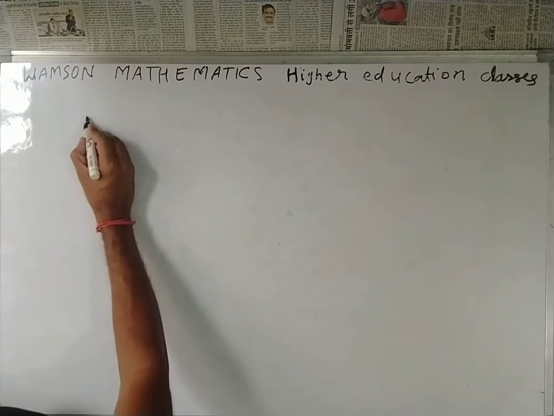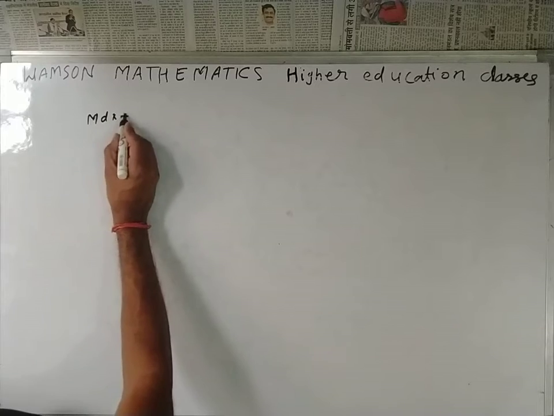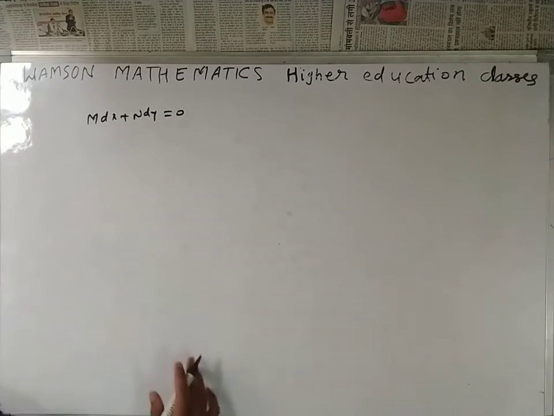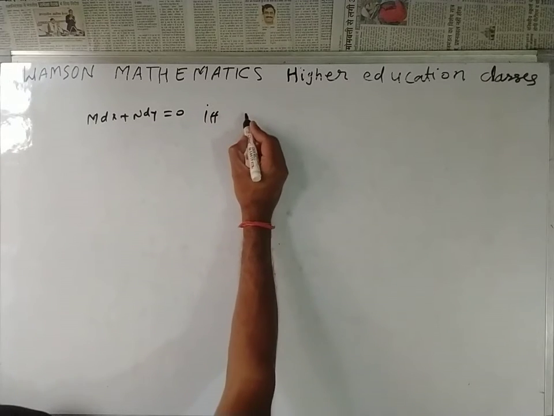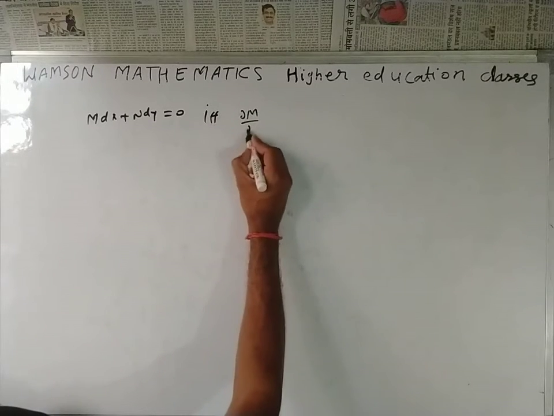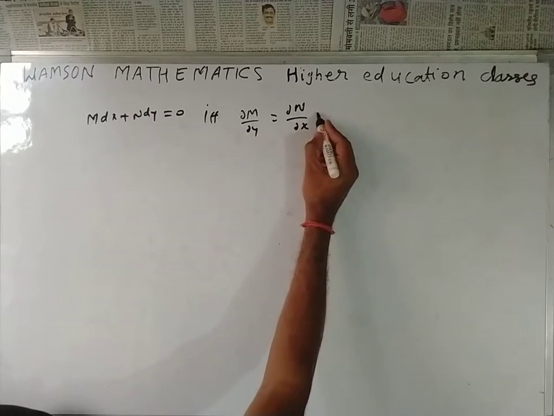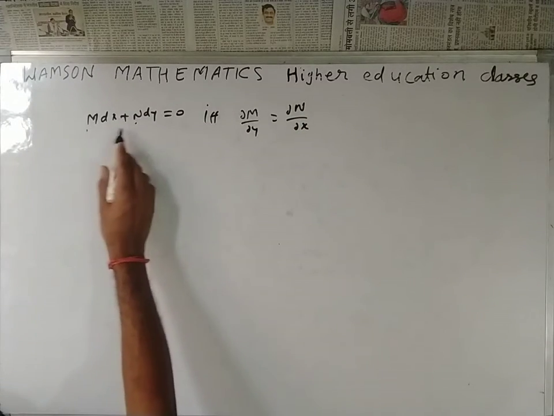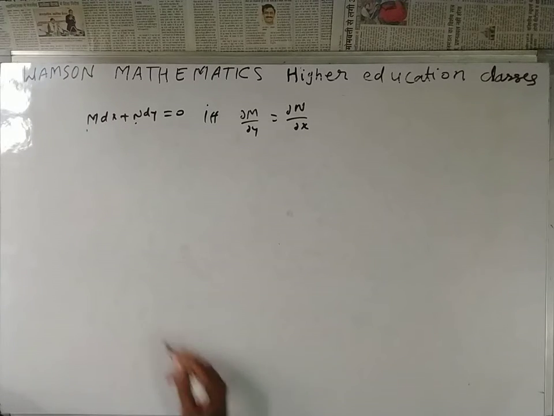The standard equation M dx plus N dy is equal to 0 is exact if and only if the partial derivative of M with respect to y is equal to the partial derivative of N with respect to x, where M and N both are first order differentiable and continuous functions.